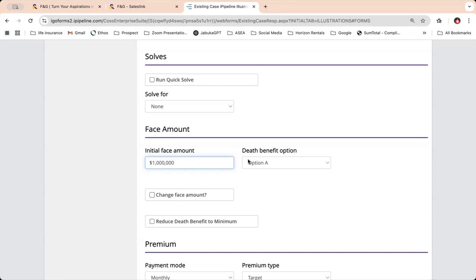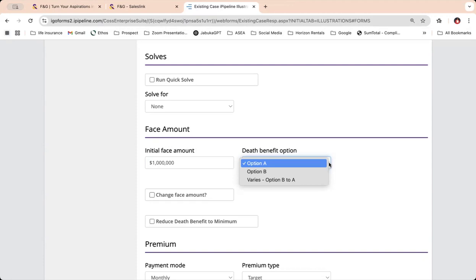When we come to death benefit option, what is the difference between these three? Option B is increase the death benefit. Option A, the death benefit stays level.